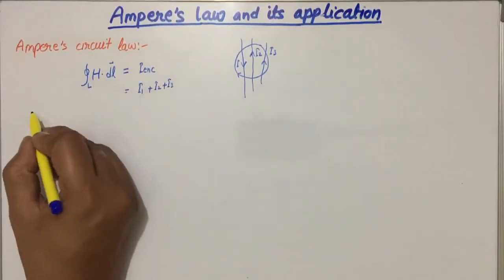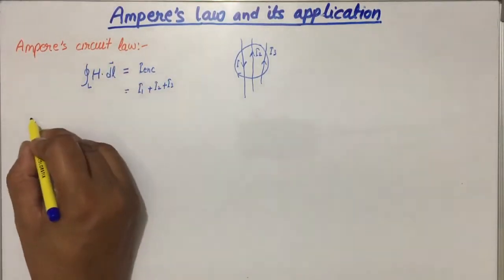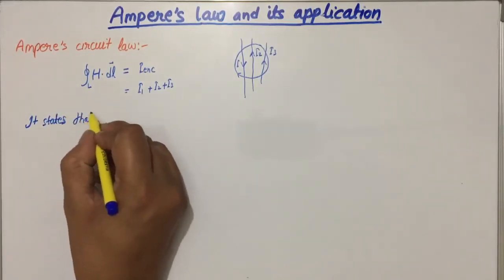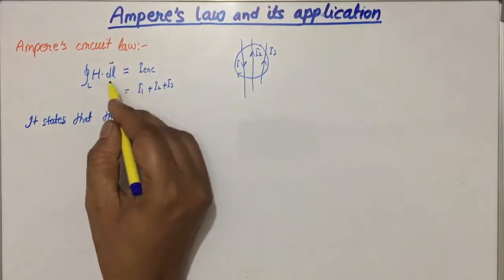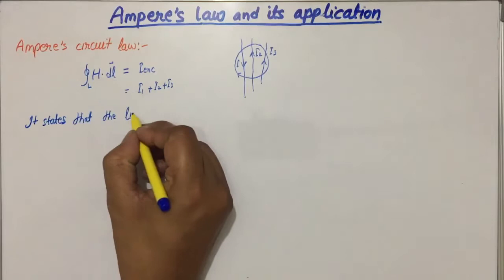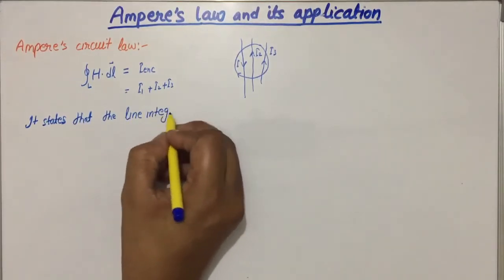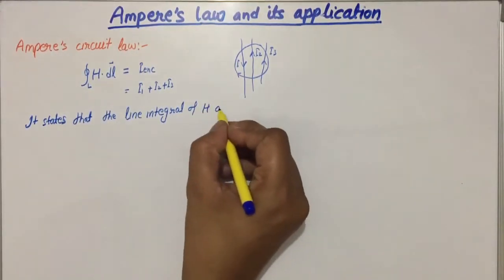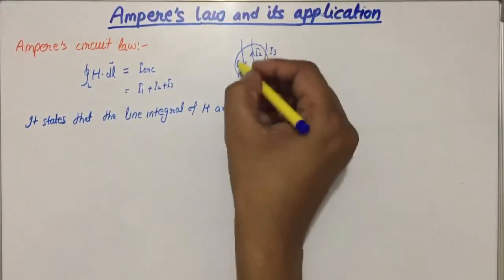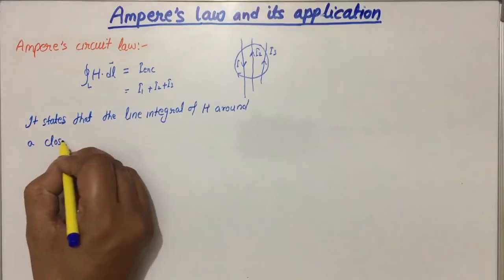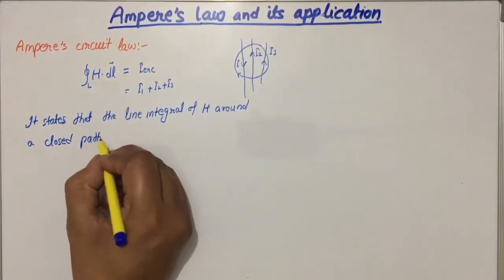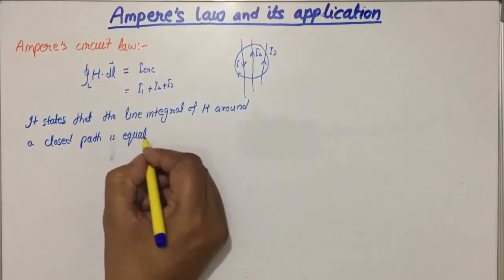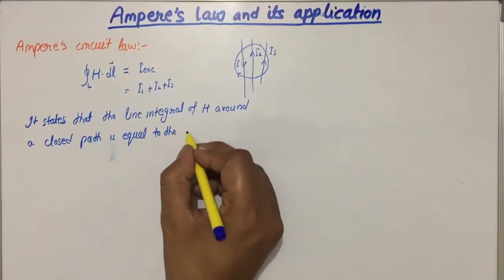So we can write that this law states that the line integral of magnetic field intensity H around a closed path is equal to the current enclosed by the path.